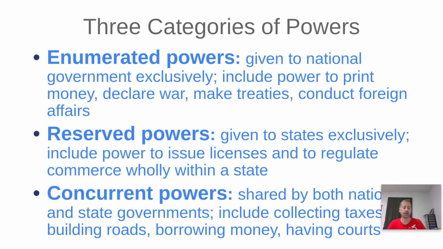Article 1, Section 8, if we look at it, you can pause in just a second and take a look at it. It lists all sorts of different powers of Congress.